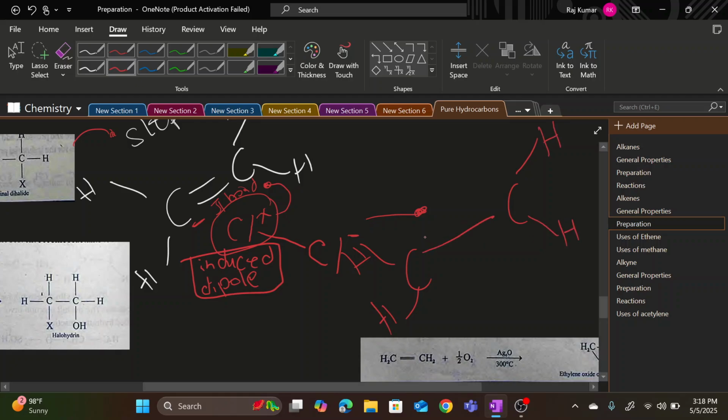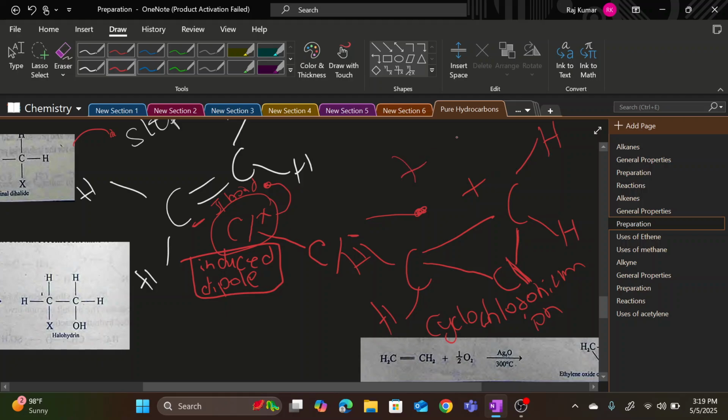This is a bond, and a chlorine atom will come here, and that will basically form a cyclic ring which is known as a cyclochloronium ion. That cyclochloronium ion will have a positive charge.